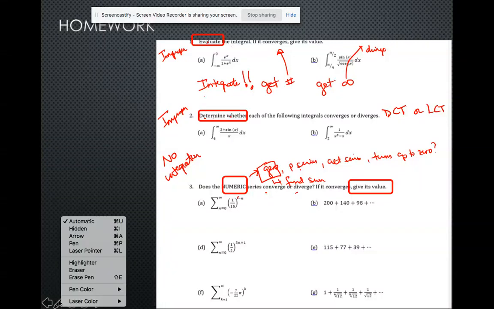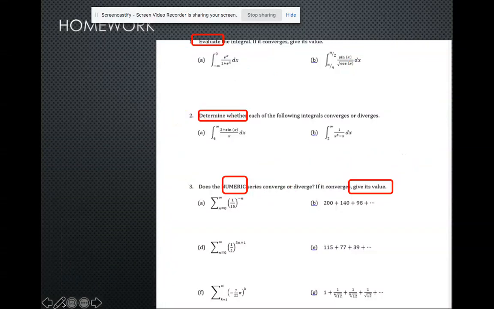Please make sure that when you are doing the DCT, right, for these problems, again, you're going to integrate. So there's going to be rubric points for integrating. There's no integration here. You're doing the DCT or the LCT. Now, I've allowed you to choose here, but you can look at my key to see which one I chose.